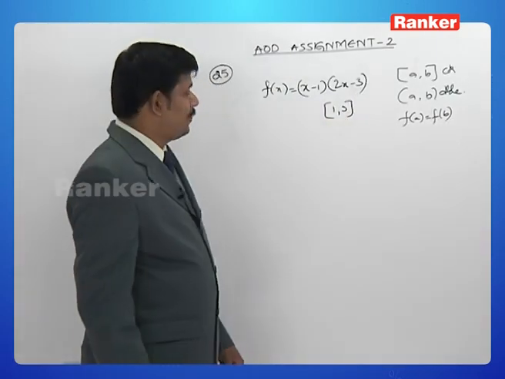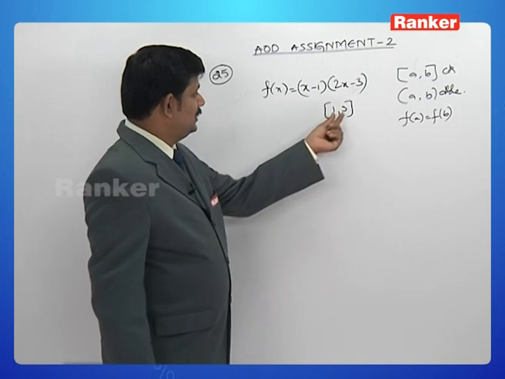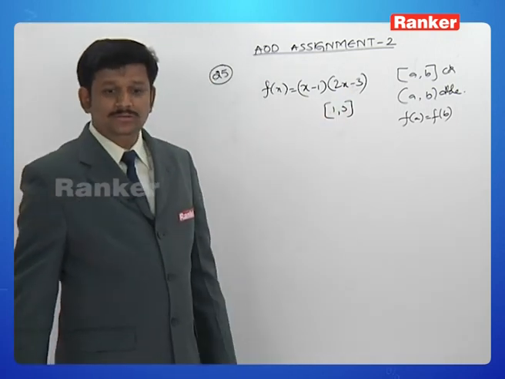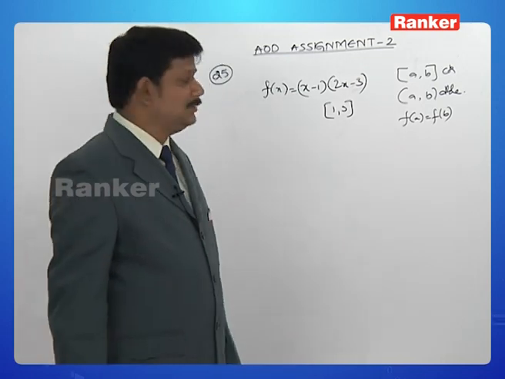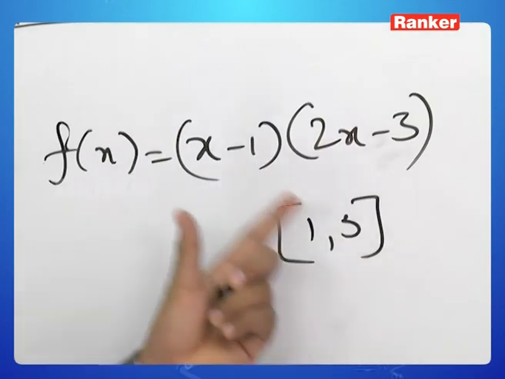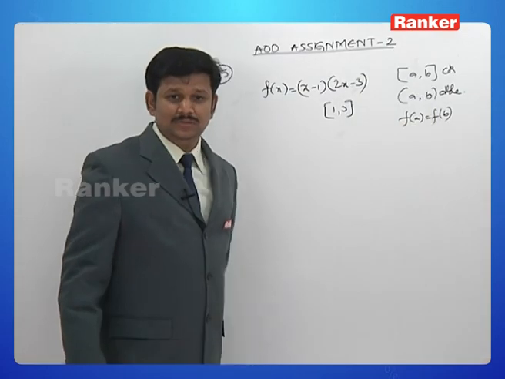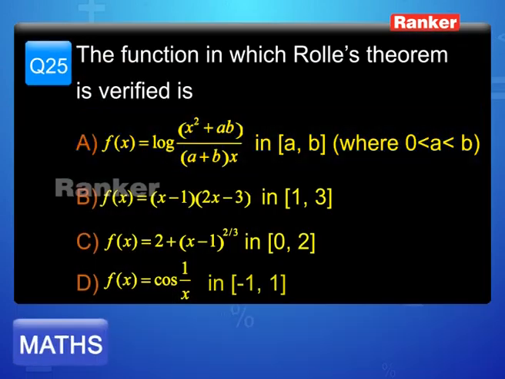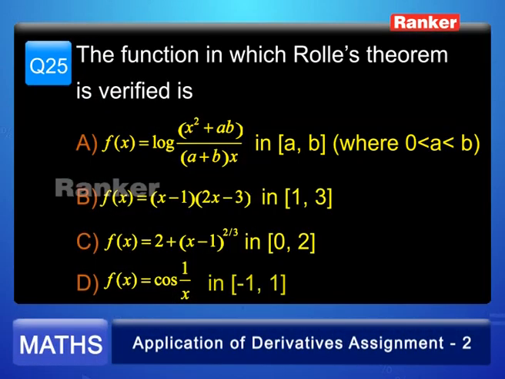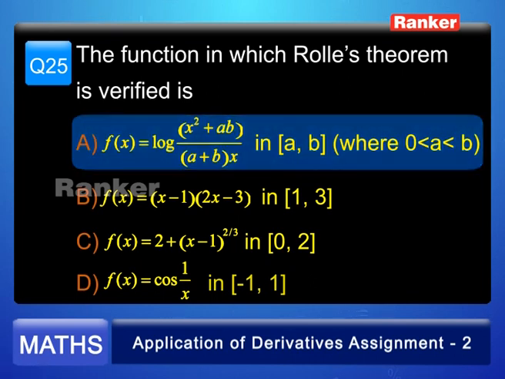For that, f of 1 is 0, f of 3 is not 0, f of 1 is not equal to f of 3. So, again Rolle's theorem can't be applied in 1 to 3, though the function is continuous and differentiable, but f of a is not equal to f of b. So, again Rolle's theorem cannot be applied on option B. A satisfies all the three conditions, so answer is A, option A.